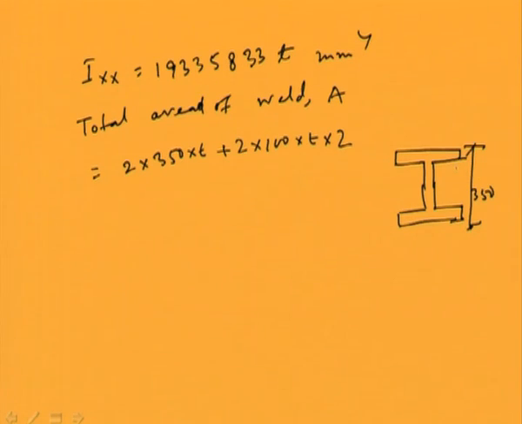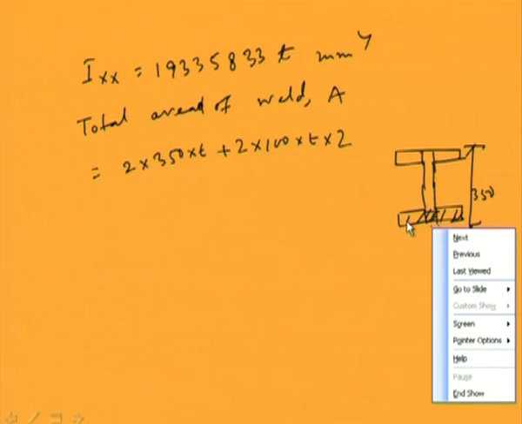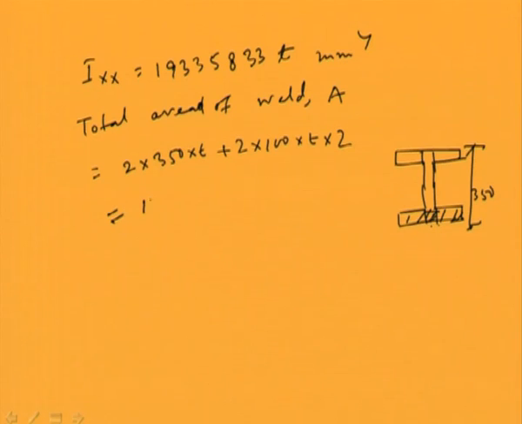So when we take 2 into 350 into T, we are calculating this, and when we again calculate the area of this portion, we are adding this much. That is very small, T into T, which is very small, so we are not going to calculate it. We are going to neglect that. So this will become 1100 T millimeter square. So Ixx is found.